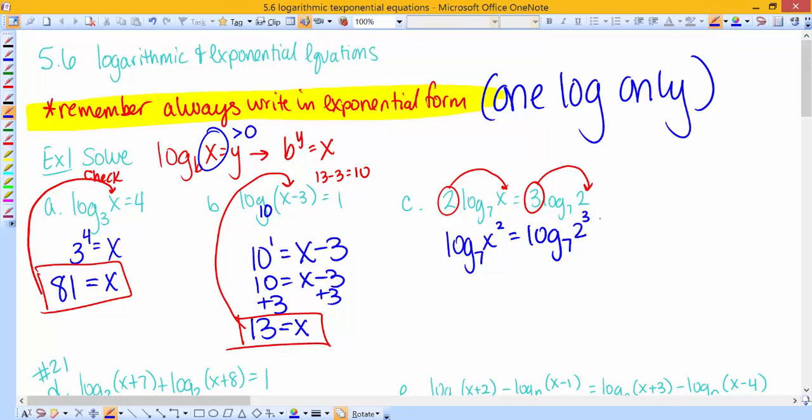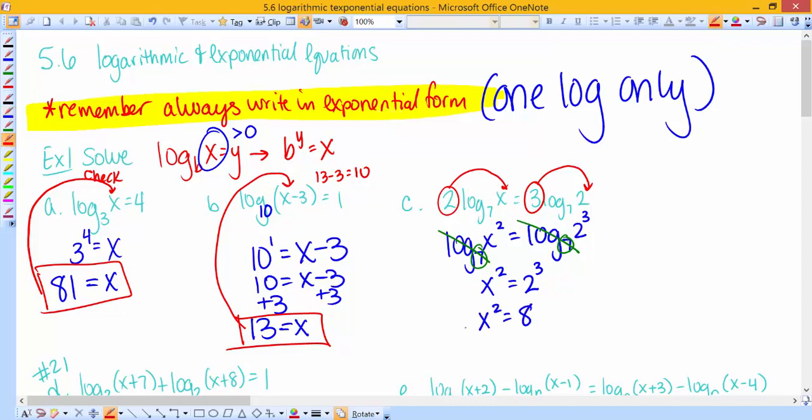Then I notice something fantastic. I notice that my logs have the same bases, and I have exactly one on the left and exactly one on the right. Therefore, my logs are gone. I can cancel them, and I am left with x squared equals 2 cubed. 2 cubed is 8. So x squared equals 8.